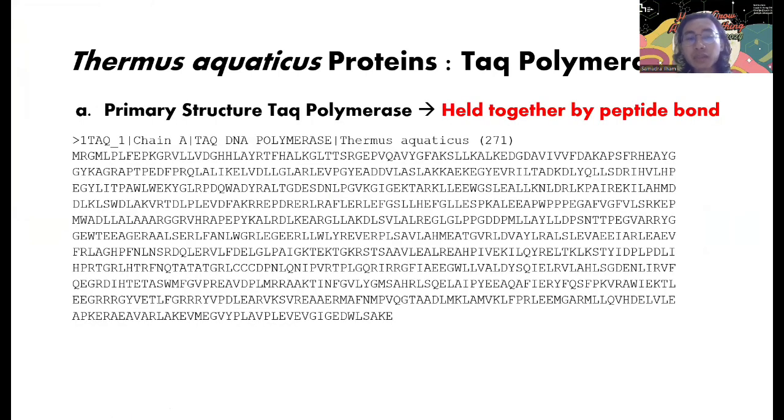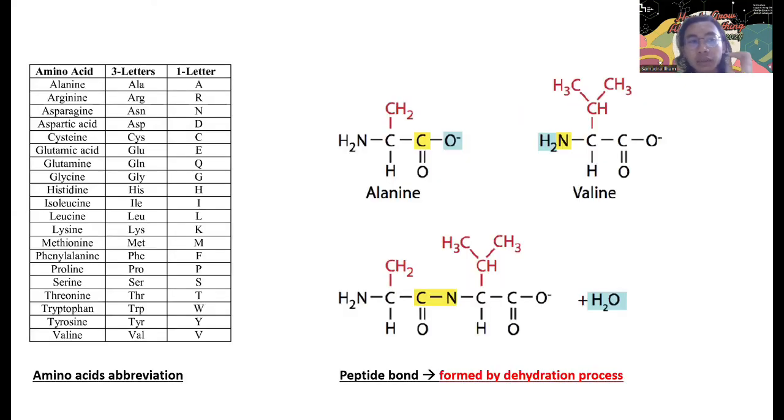The primary structure of the polymerase is held together by peptide bonds. This is the FASTA sequence of Taq DNA polymerase, the one Taq codes in Thermus aquaticus. Taq polymerase has 271 amino acids in its sequence. The abbreviations are such as alanine is A, arginine is R, until V is valine.